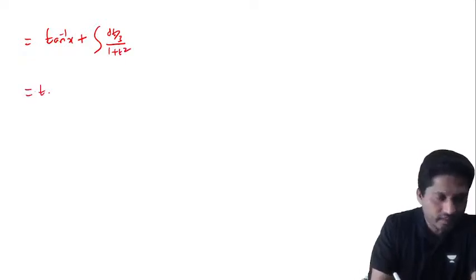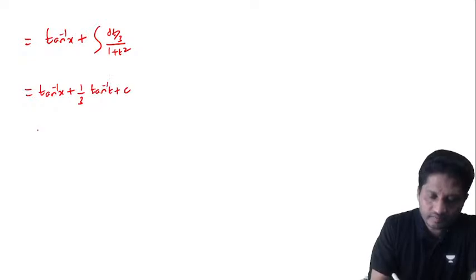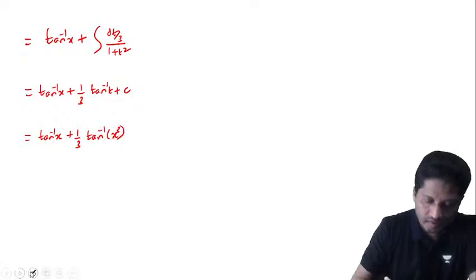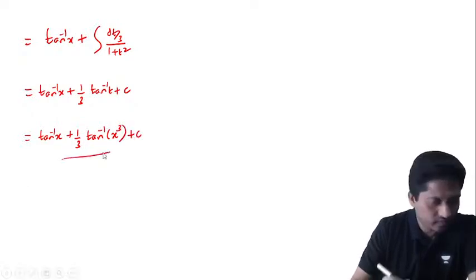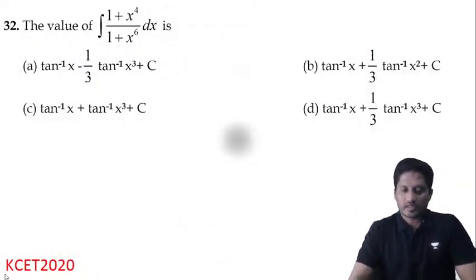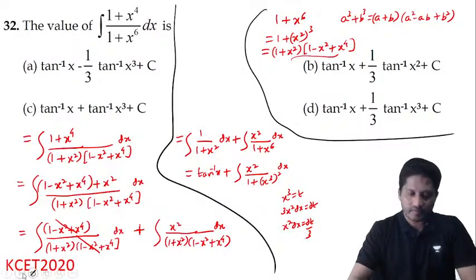This is tan inverse of x plus 1 by 3 integration of 1 by 1 plus t square, which is tan inverse of t plus c. So this is tan inverse of x plus 1 upon 3 tan inverse of t, and the t value is x cube, plus c. Now this is tan inverse of x plus 1 by 3 tan inverse of x cube plus c.